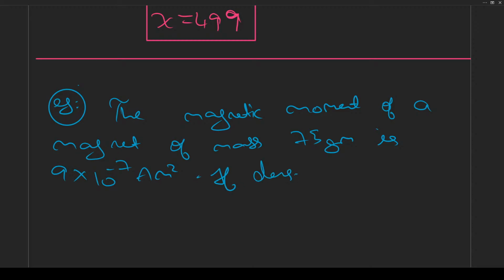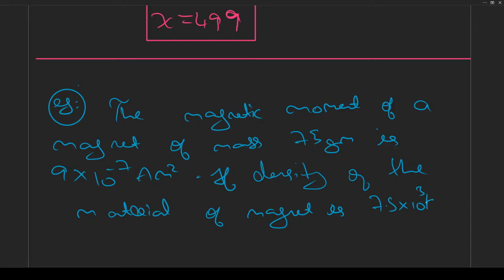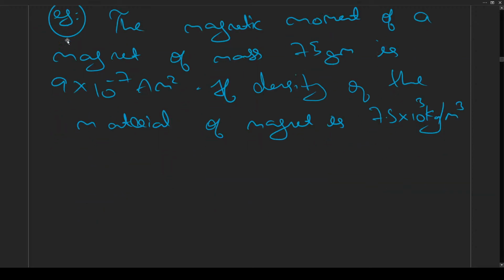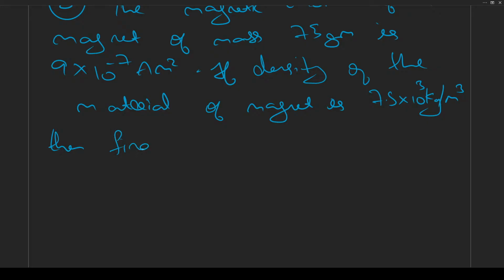If the density of the material of the magnet is 7.5 into 10 power 3 kg per meter cube, then find the intensity of magnetization.